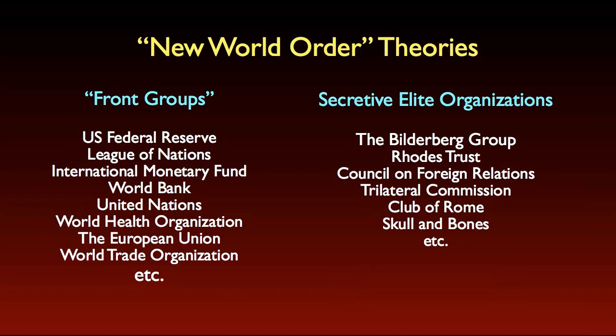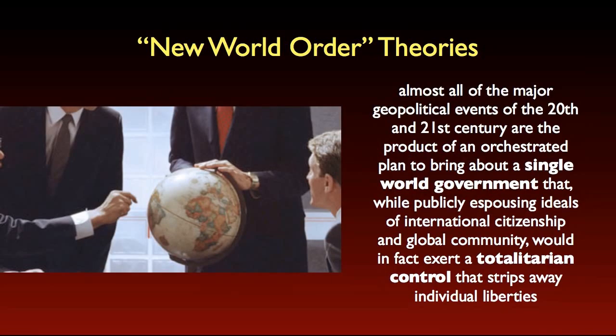Because these institutions have so much power and influence, New World Order theorists are disposed to see almost all of the major geopolitical events of the 20th and 21st century, including all the major wars, as the product of an orchestrated plan to eventually bring about a single world government that, while publicly espousing ideals of international citizenship and global community, would in fact exert a totalitarian control that strips away individual liberties.